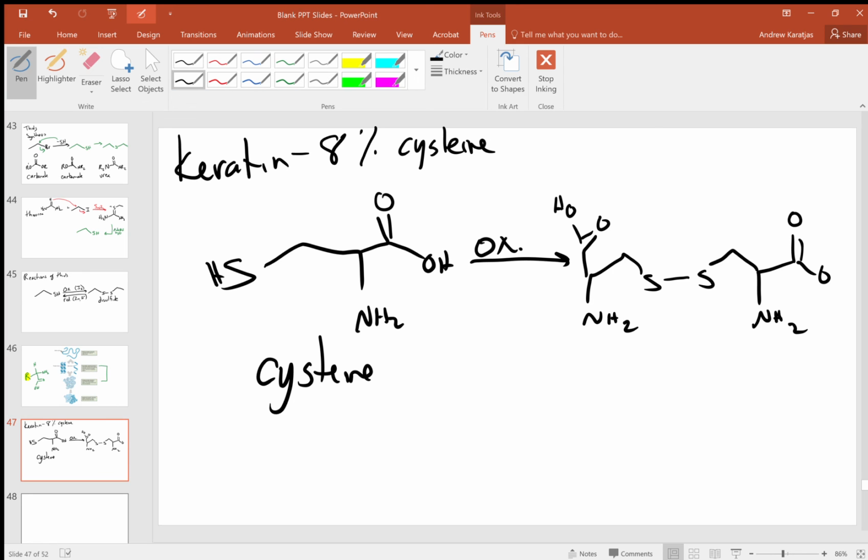So if you think about wanting to change how curly your hair is, what you're really doing is looking at these disulfide bonds in the keratin. If you want to change it, you apply some sort of reducing agent. So if you reduce them all, then you can break all of those disulfide bonds. Then you can rearrange it however you want it to be, and then you apply some sort of oxidant, and then you form a new set of disulfide bonds.